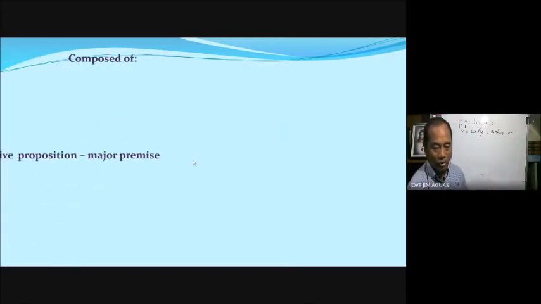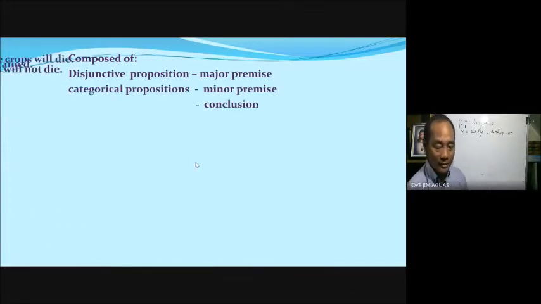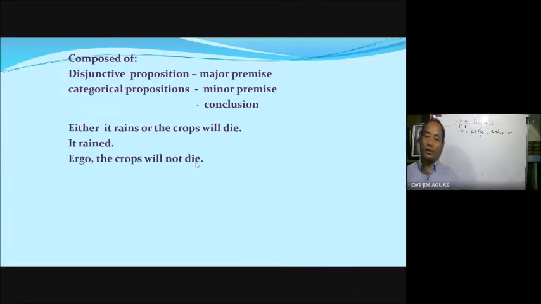So it is composed of a disjunctive proposition as major premise and categorical propositions as minor and conclusion. For example, either it rains or the crops will die. It rained, therefore the crops will not die.